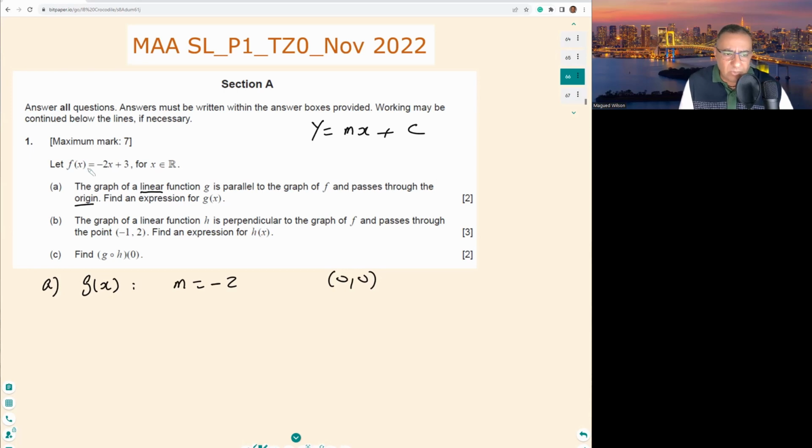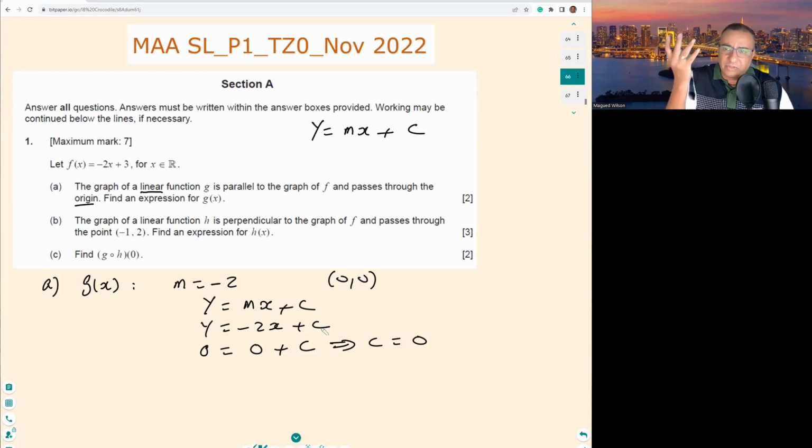We can start with y = mx + c, put m as -2, and then substitute the point to find c, the y-intercept. When x equals 0, y is 0, so the constant is 0. It passes through the origin, so there is no y-intercept. So g of x at the end of the day is -2x. And that is part A.